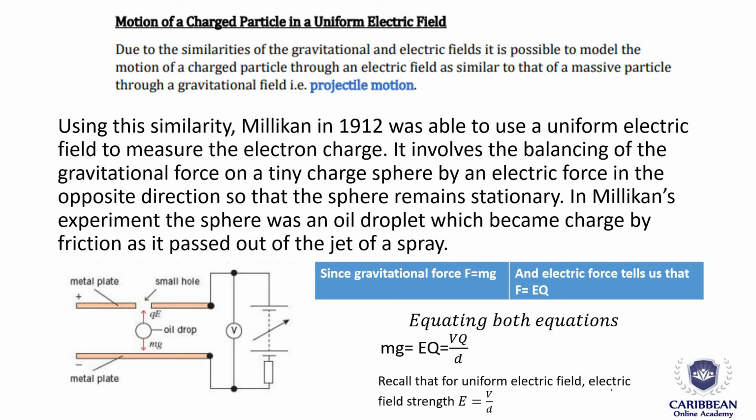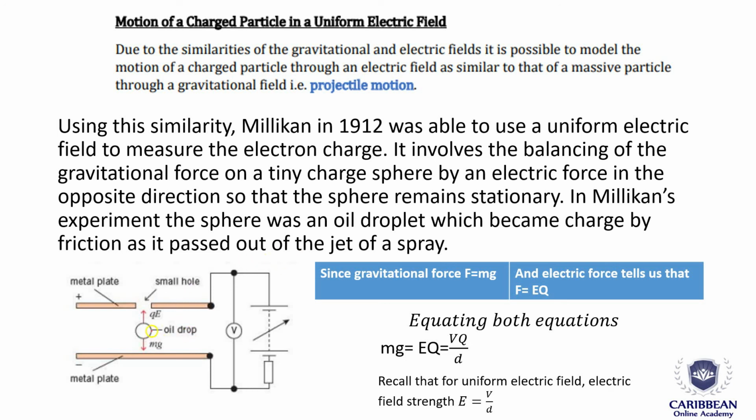Now, you might be wondering, how was he able to balance the charge? Whenever we have the upward force being equal to the downward force, you can expect that there's going to be a balancing out.